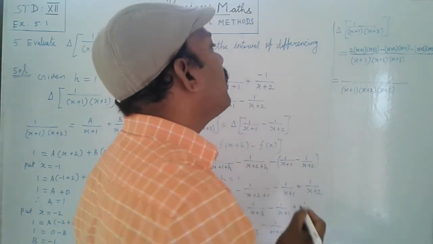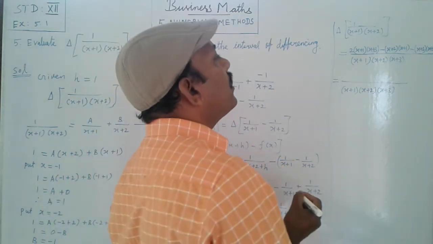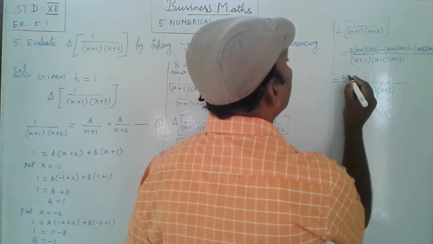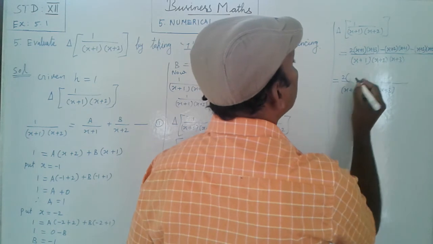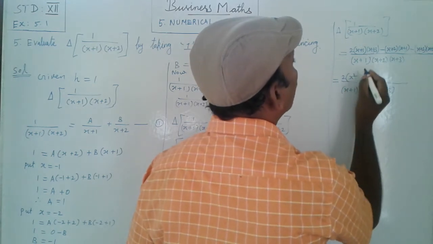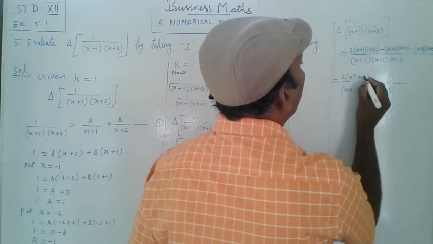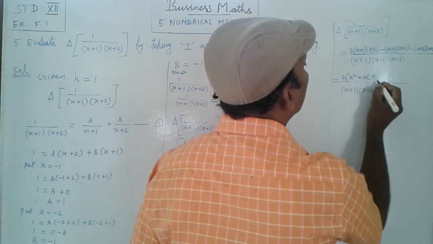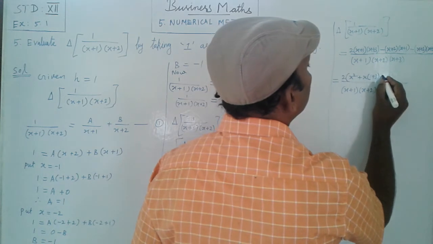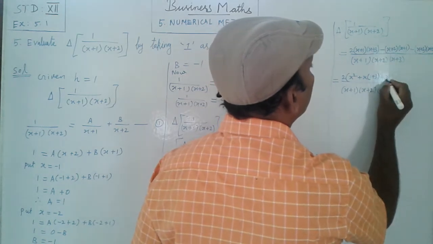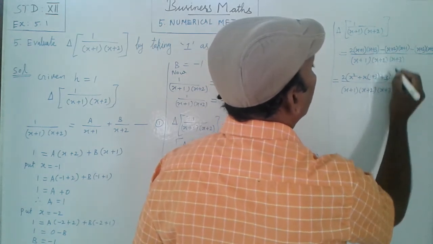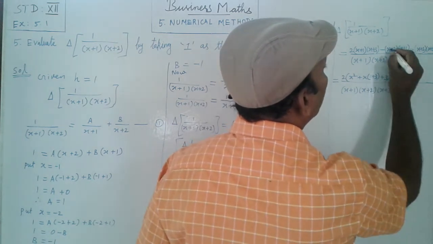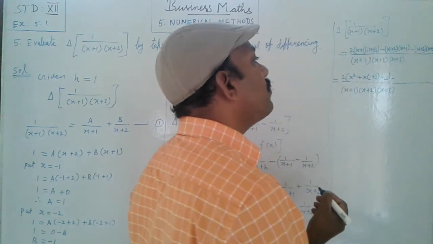Here we should use the formula x plus a into x plus b. 2 into x is x square, plus x into 1 plus 3, plus 1 3s are 3. Next minus, this is also the same formula we should use: x plus a into x plus b.